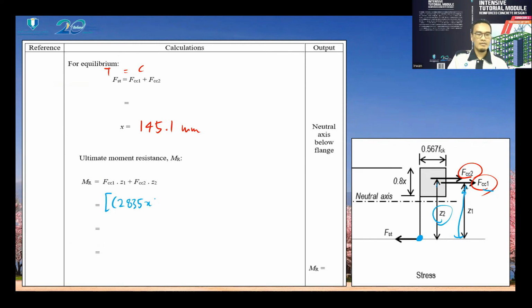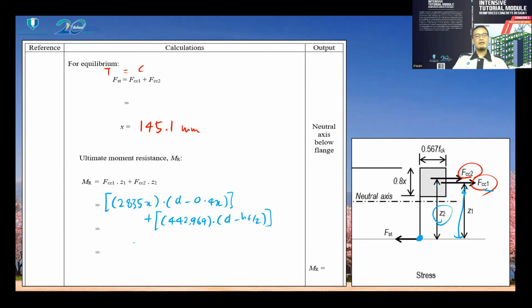2835x, and then multiply by d minus 0.4x, and then plus 442,969, multiply by d minus hf over 2.